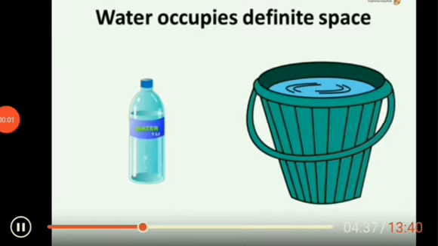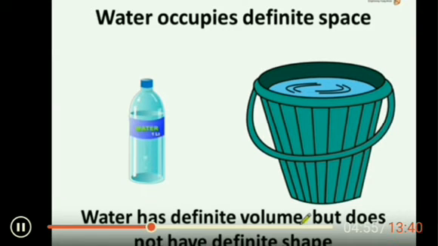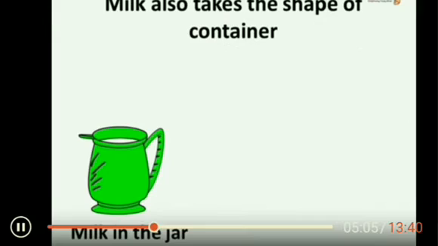Next, liquid. Water also occupies space, whether it is in a bottle or in a bucket. So we say water occupies definite space. But water does not have a definite shape. When the water is in the bottle, it takes the shape of the bottle, and here it takes the shape of the bucket. Another example of liquid is milk.